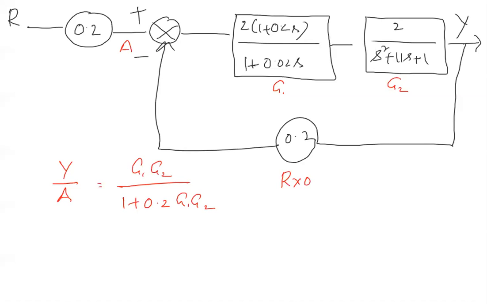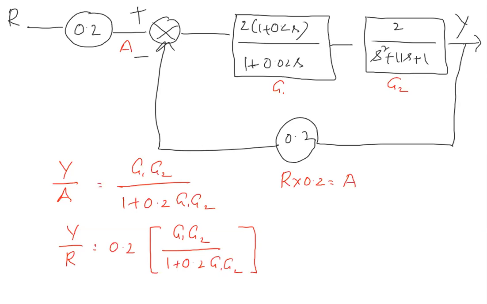R into 0.2 is nothing but A. So put A equal to R into 0.2, then Y by R is equal to 0.2 into G1 G2 over 1 plus 0.2 G1 G2. Now put R equal to 1 by S, then Y is 1 by S into 0.2 into G1 G2 over 1 plus 0.2 G1 G2.